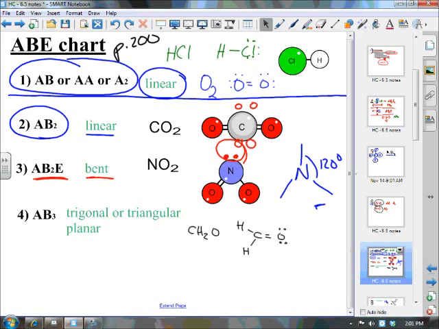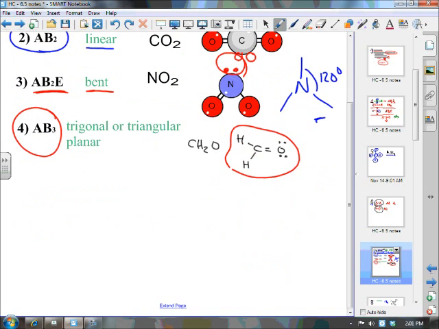The next example, if we have something that ends up having the format of AB3, then it's trigonal planar. Well, what kind of a structure can be trigonal planar? Here'd be an example. We have three different atoms that are bonded to that center carbon atom. They're going to spread out as much as possible. So if we look at the example right before, we had a nitrogen with two atoms and a pair of electrons.